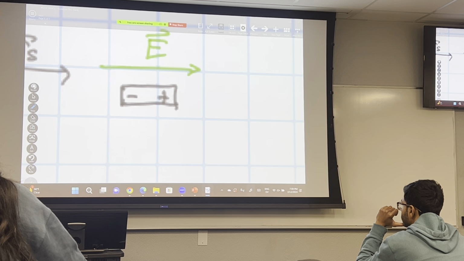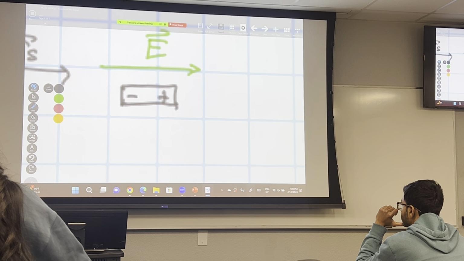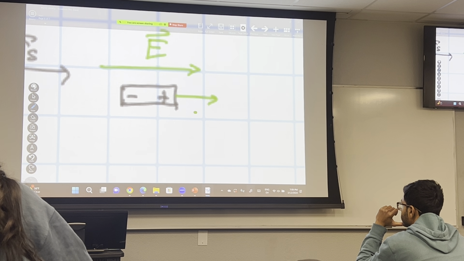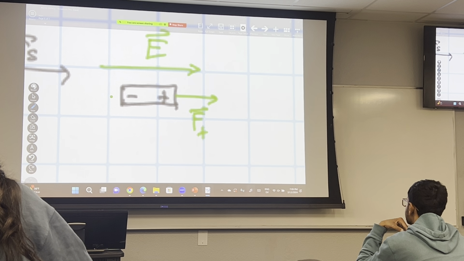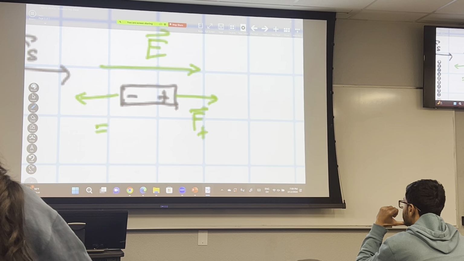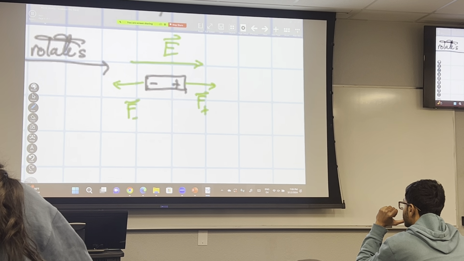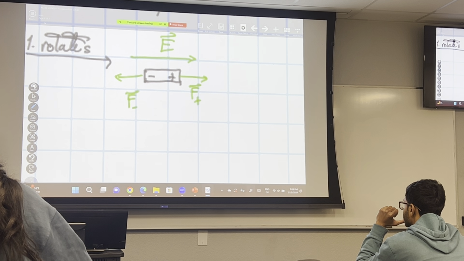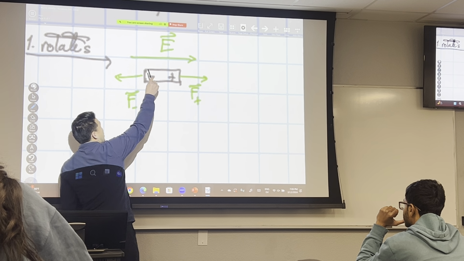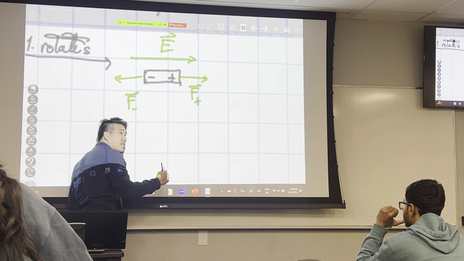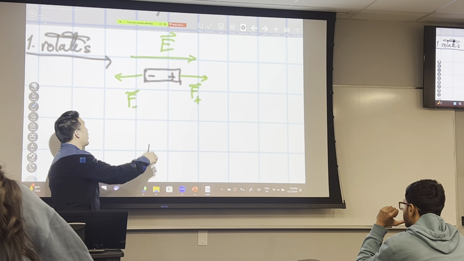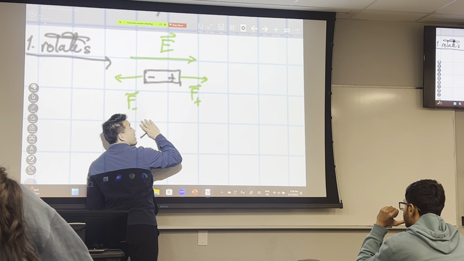The reason why it does that, and it doesn't move, is we have the force on the positive and the force on the negative side. Because we have a uniform electric field, that means the electric field is the same all throughout the space.